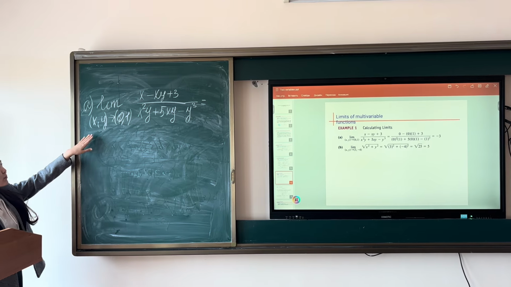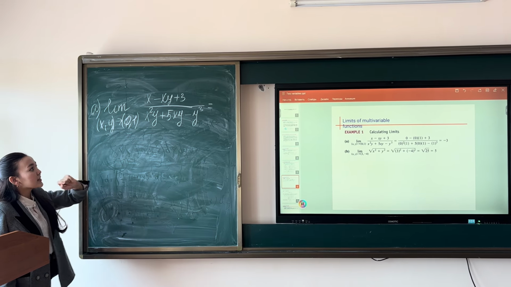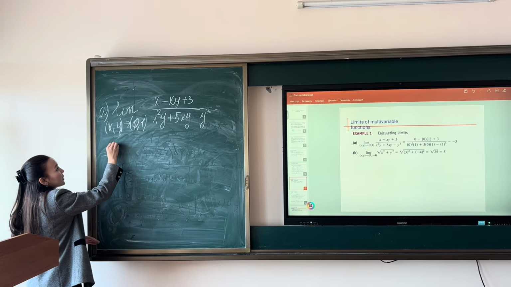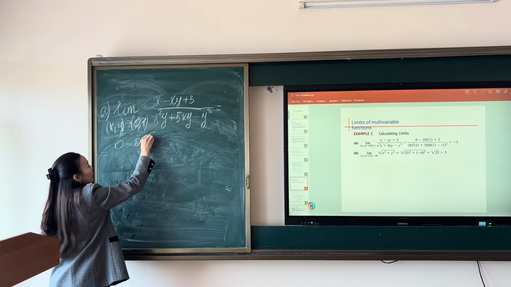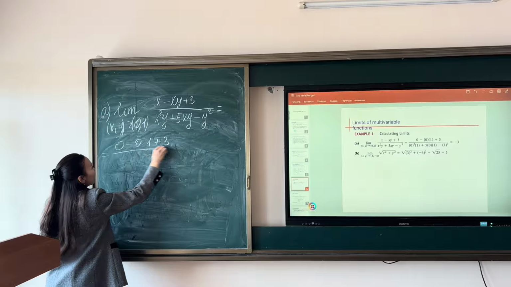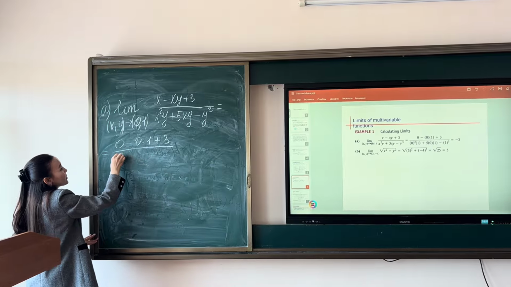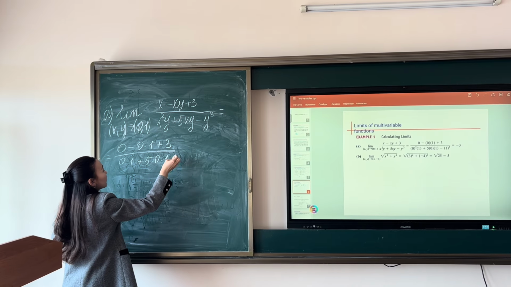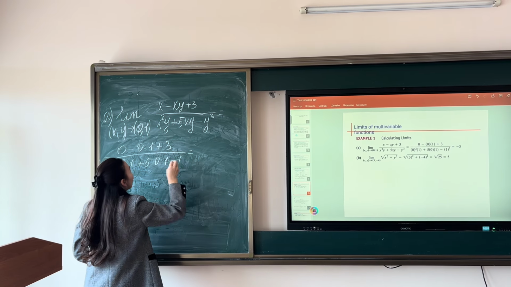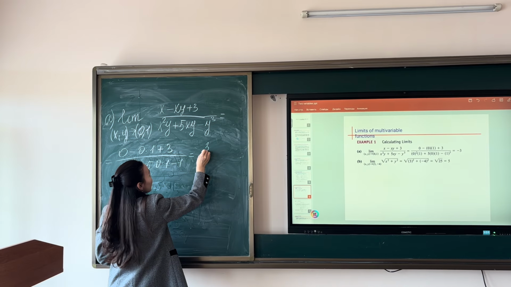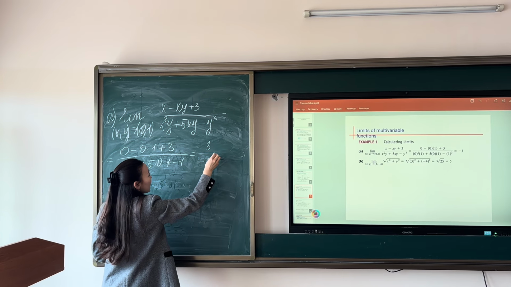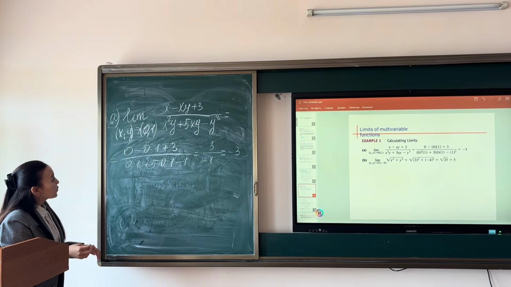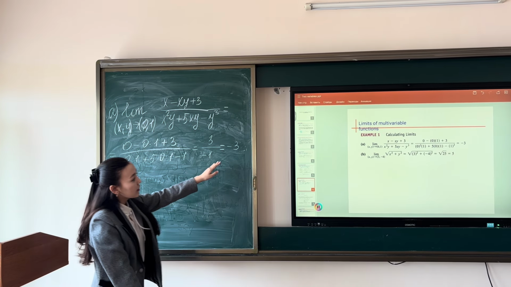Here we put 0 instead of x and 1 instead of y. And 3 over minus 1, and we get the solution minus 3. So our first solution is minus 3.